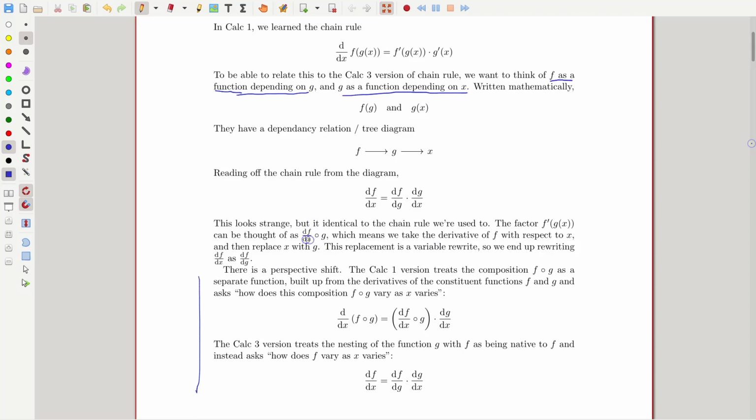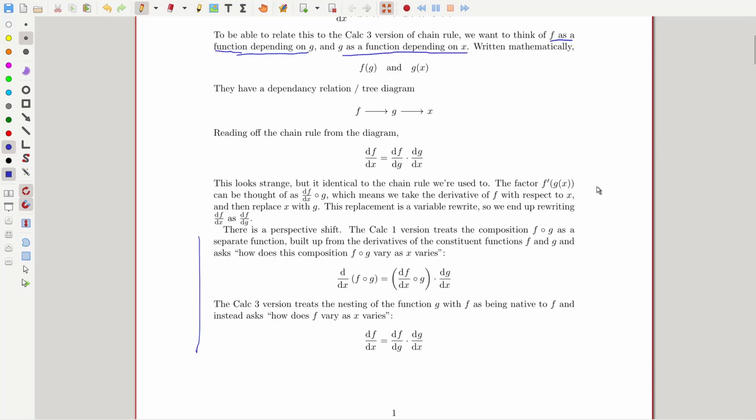You're replacing x by g in the expression. That's what it means to do the composition. You're replacing the variable, and so you end up switching df dx into df dg. There you go. So that's a bit of an argument for why this works.